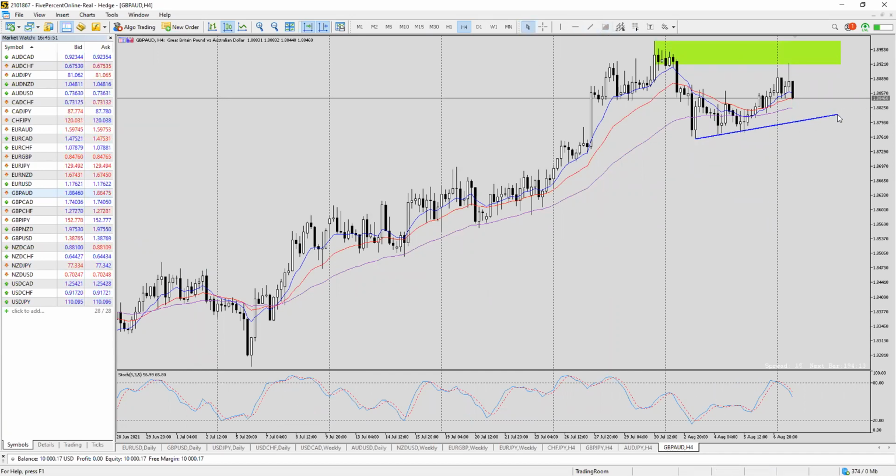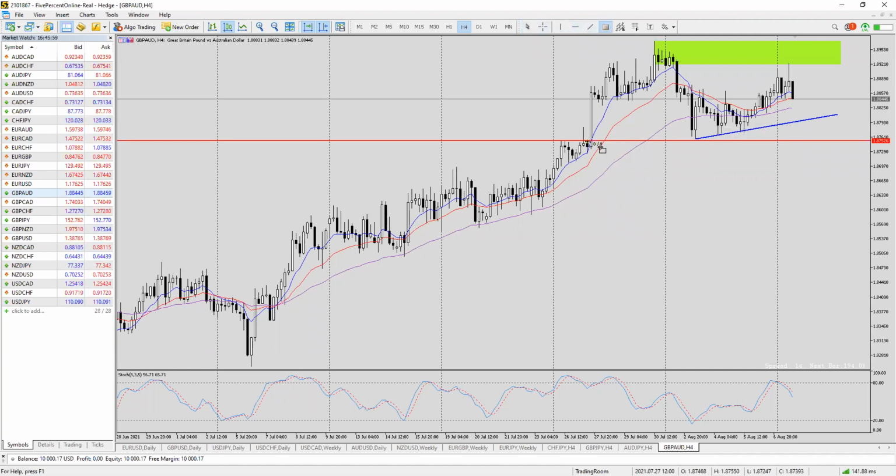And as long as it remains above this trend line, as long as it remains above this support, or even better, this demand area, there's a very strong demand zone here. Why? Because of this very strong bullish candle. Obviously, the buyers were waiting here.